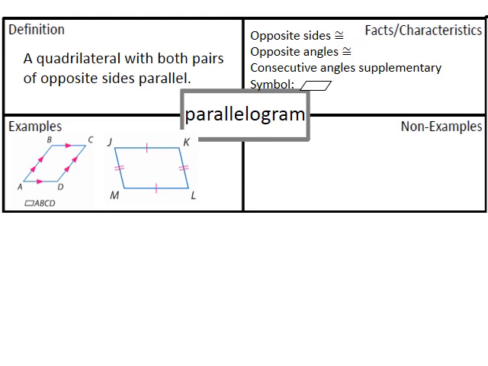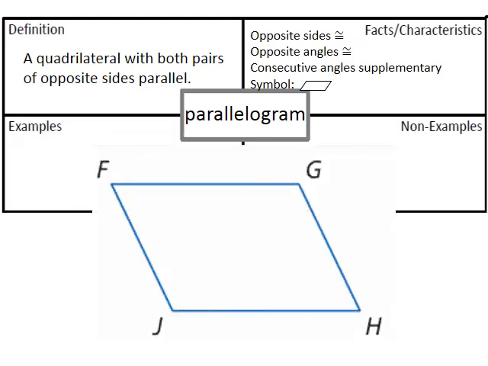In the first example, we've got opposite sides parallel, and its name is at the bottom, parallelogram ABCD. Notice that it's named in order around the shape. We don't jump across the shape as we name it. In the second example, we've got another parallelogram, JKLM. We know it's a parallelogram because its opposite sides are congruent. That's a condition for a parallelogram.